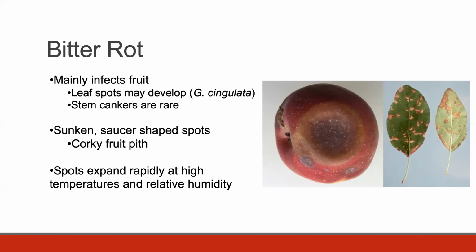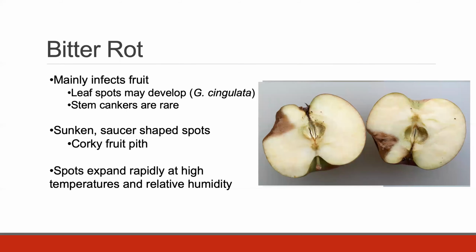When you cut the fruit open, you can see a V-shaped lesion as shown here. However, this lesion does not extend fully to the core. The internal rot is a dry rot with a spongy consistency. In the field, this internal V-shaped lesion is a diagnostic feature of bitter rot.